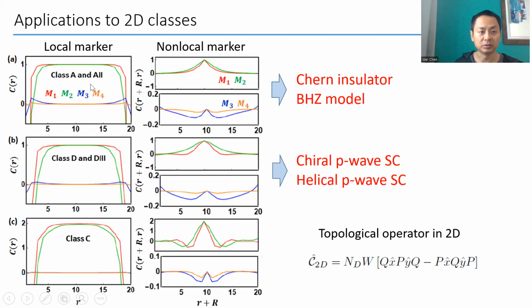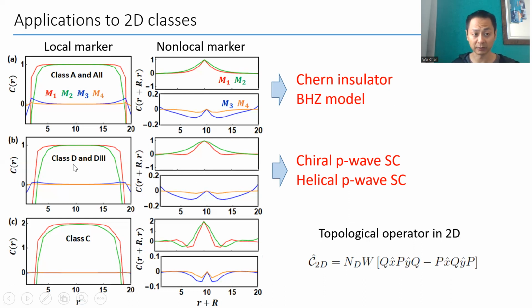In this 2D case, for class A, the so-called Chern insulator, and class A2, where I use the BHZ model as an example, their behavior is exactly the same. This is because the BHZ model is essentially 2 copies of the Chern insulator, one copy for each spin species, and each spin species will behave the same, so you will get the same result.